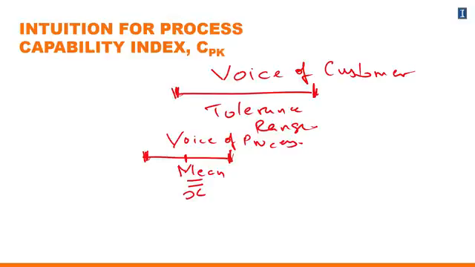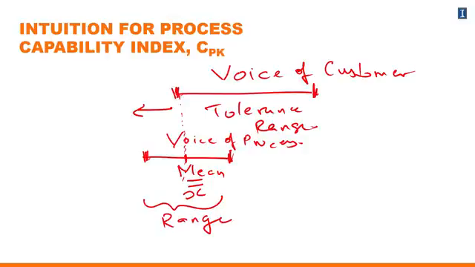In this particular example, you're seeing just on the basis of this picture that there will be output from this process that's going to go beyond the voice of the customer. So what is this telling us? That this process is centered too much to the left. Now, if you look at the range in this process, this range is smaller than the range of the tolerance of the customer.